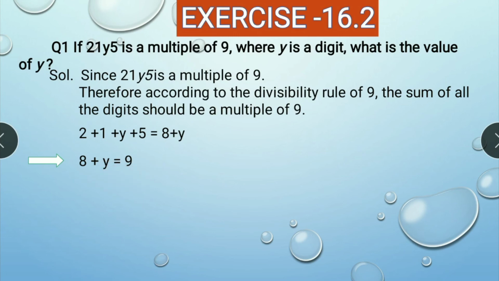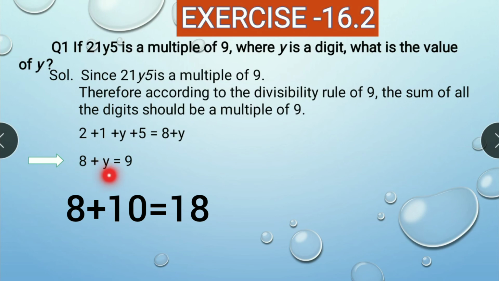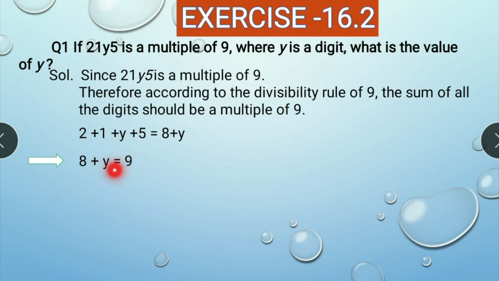Why have we taken the first multiple? Because if we take the second multiple, that is 18, then 8 plus 10 will be 18. So y is a single digit number. We need a single digit and 10 will be a 2-digit number. So we will take the first multiple of 9, that is 9.